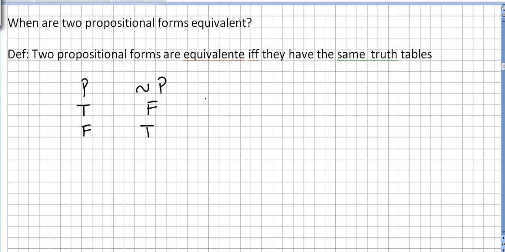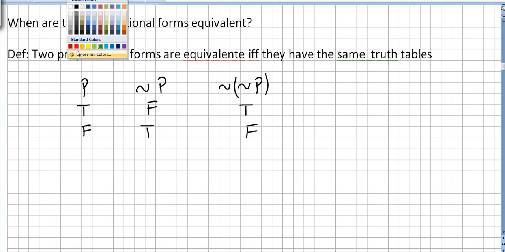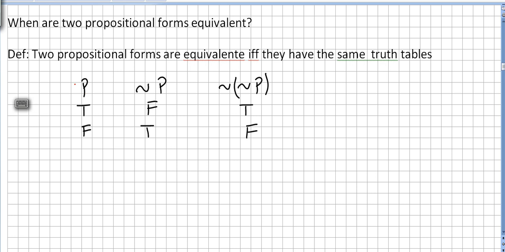Now, let us see what happens to this proposition. Not P, not P. Okay, here not P is false, so this one is true. And here not P is true, so not P will be false. But if you look well, this column or this table and this one, they are the same, right?